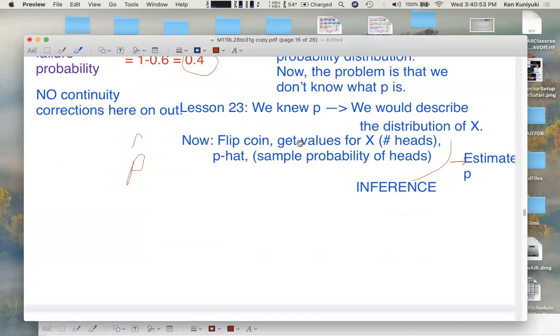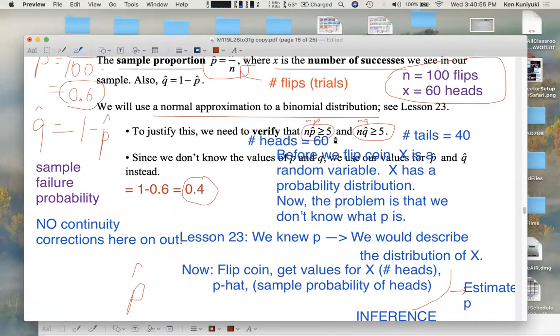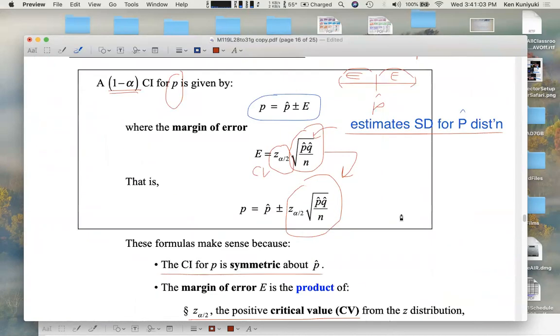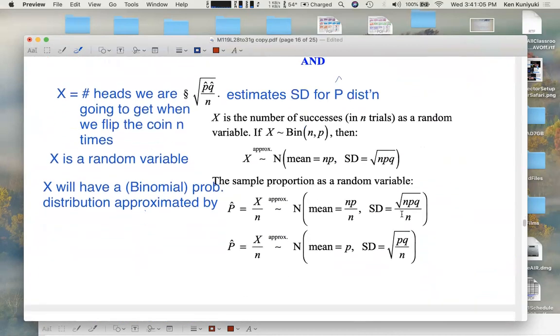If NP hat and NQ hat are both at least 5, under those conditions, we're going to approximate this binomial distribution with this normal distribution.